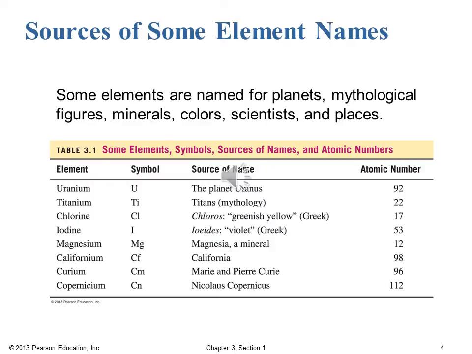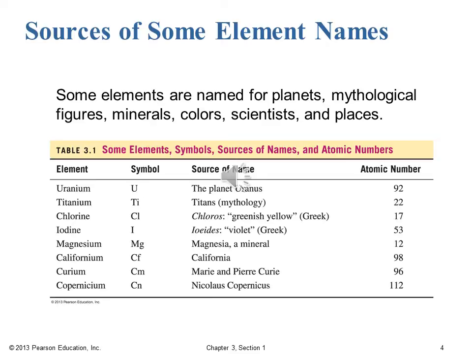Here we see table 3.1 from the text, and we see some common elements with their names. Actually, the naming of the elements is a very interesting topic, and there's been a lot written about it. Isaac Asimov, the famous physicist and author, has written about the words from the myths, and we see here a number of mythological names: uranium for the planet Uranus, titanium after the Titans in Greek mythology.